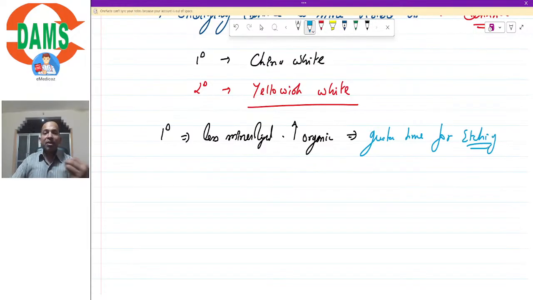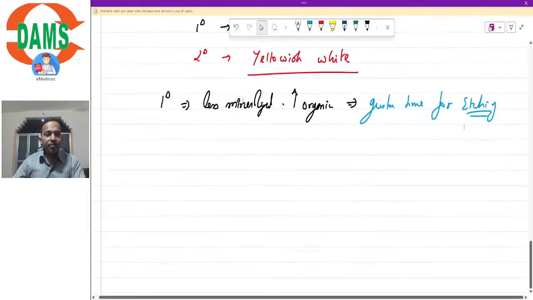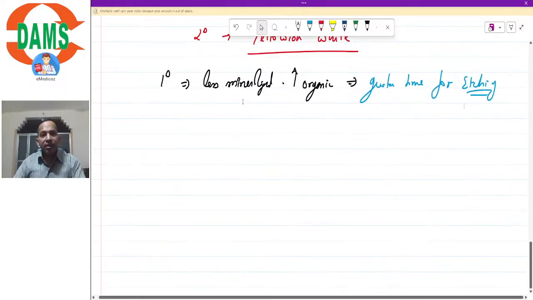So demineralization ke liye hamein zyada samay chahiye, etching ke liye hamein zyada samay chahiye primary dentition ke andar as compared to the permanent dentition. Is it clear? So that's one of the clinical significances.